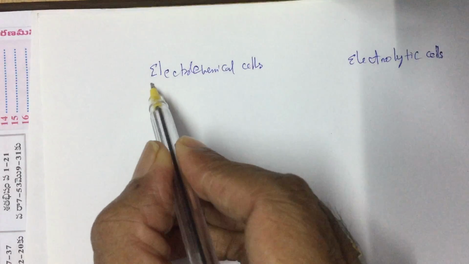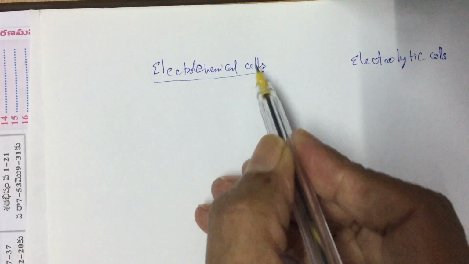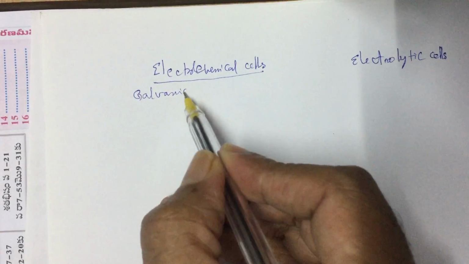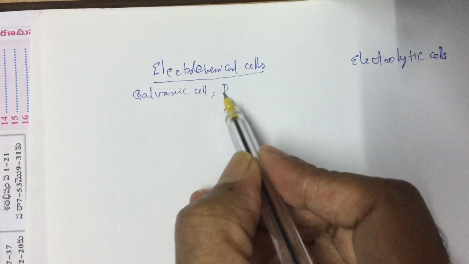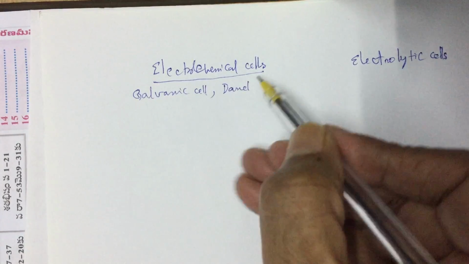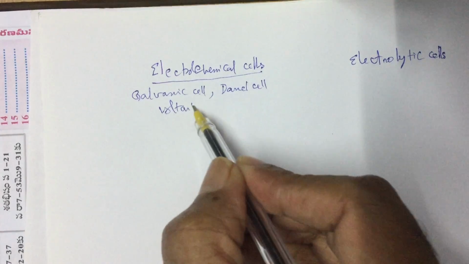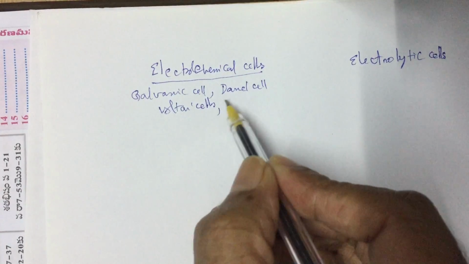Well, electrochemical cells are commonly known as galvanic cells. For example, your Daniel cell is in this category, and your voltaic cells, for example, the Leclanche cell.